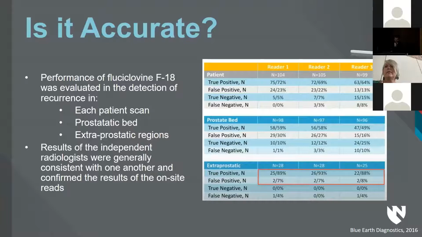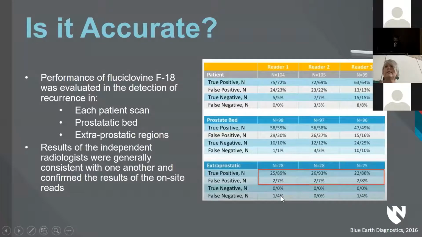What we find is that there's a high rate of true positives: the flucyclovine-avid areas correlated to pathologically confirmed sites of disease. This was especially true outside of the prostate, especially regional recurrences after radical prostatectomy.